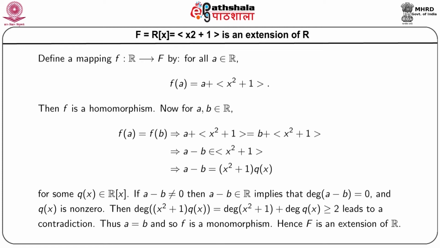If a minus b is non-zero, then comparing the degree of the expression on both sides, we reach a contradiction that 0 is greater than or equal to 2. Hence, a minus b must be equal to 0, that is a is equal to b. Thus, f becomes a monomorphism and F an extension of R.